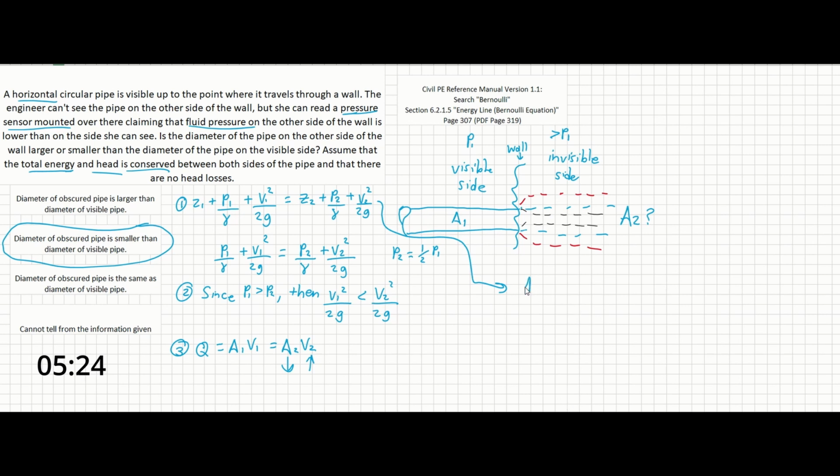So we'll say that Z1 equals 1 foot, and P1 will be equal to 5 pounds per square foot, because don't forget that a pressure is a force over an area. So, oops, pounds, not feet.